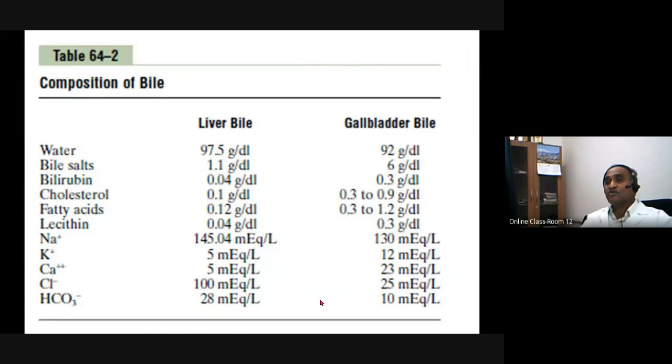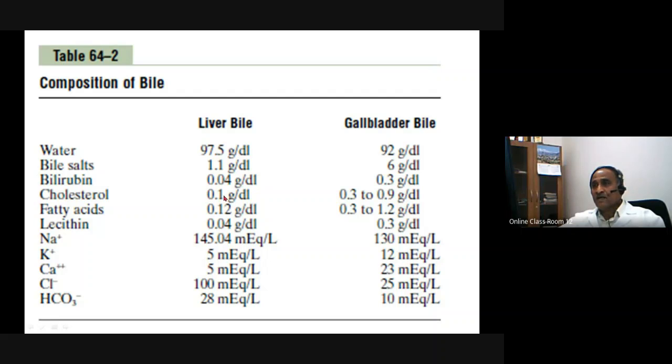So this is the composition of the liver bile and gallbladder bile. In gallbladder bile, the water content is decreased, so that means it is concentrated. Bile salts are increased, from about 1 gram here to 6 grams. Bilirubin is increased, 0.04 to 0.3, 7 to 8 times almost.